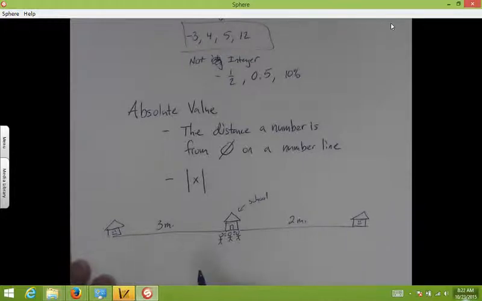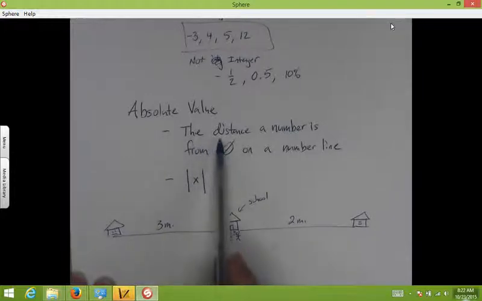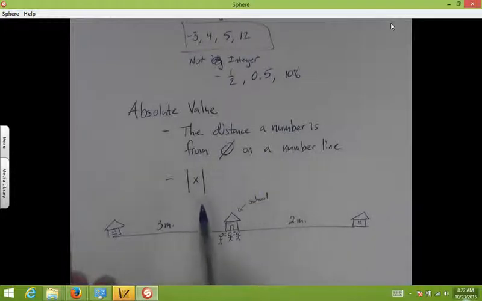That's also why if you've ever looked at a ruler or a tape measure, you never see negative numbers on there. You can say, "I live 3 miles to the left, 2 miles to the right, 3 miles behind us, 2 miles in front of us," but you never say negative. The distance is negative. It never happens. So absolute value, since absolute value is literally the distance a number is from 0 on a number line, that means absolute value is always positive.